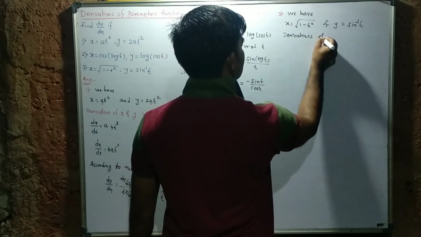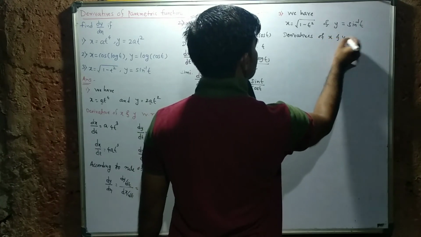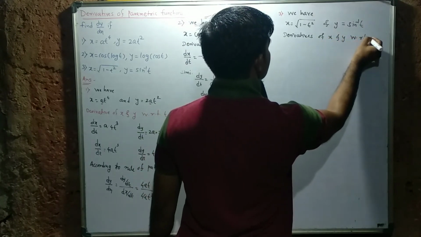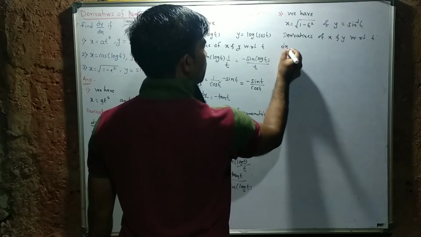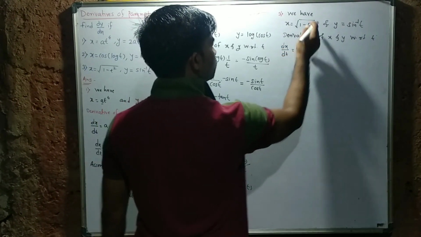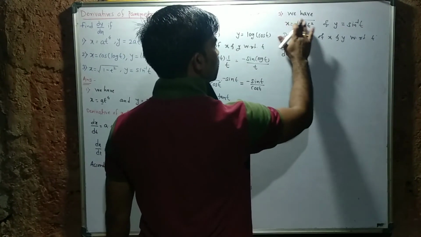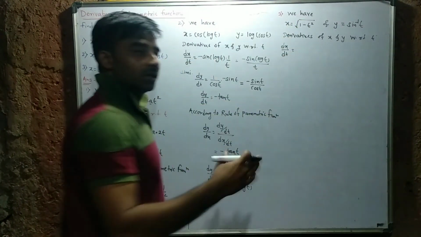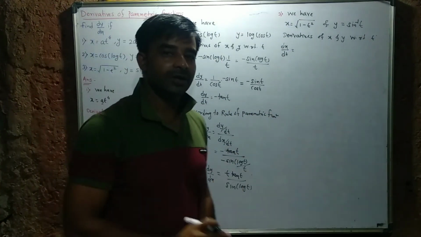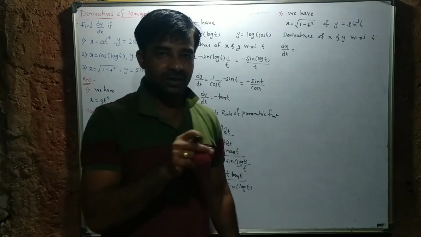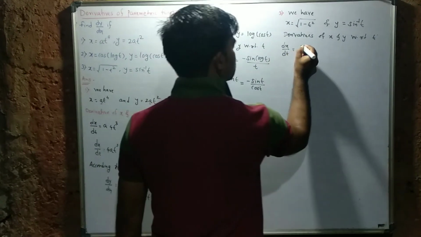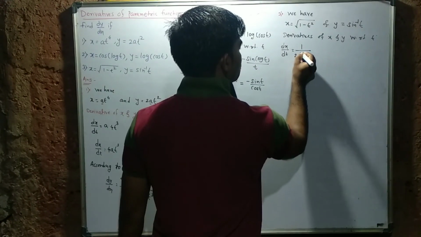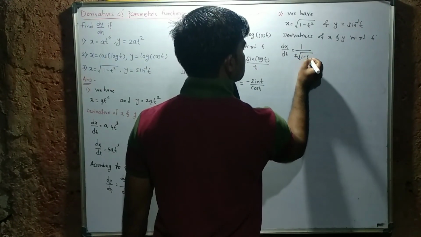of x and y with respect to t are taken here, and therefore dx by dt is equal to, first of all it is a composite function. We have to take the derivative of root x, having the derivative 1 divided by 2 into root x. That means x is nothing but the value inside the square root, and therefore you will get 1 divided by 2 root 1 minus t square.